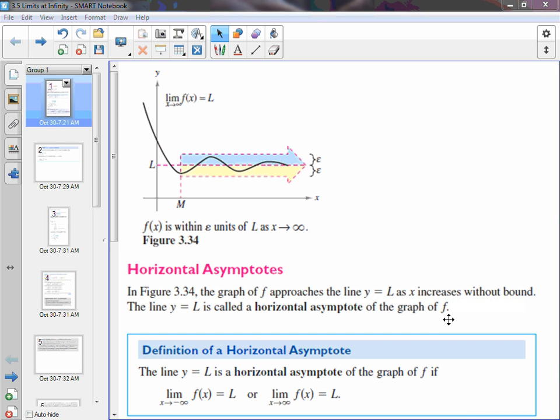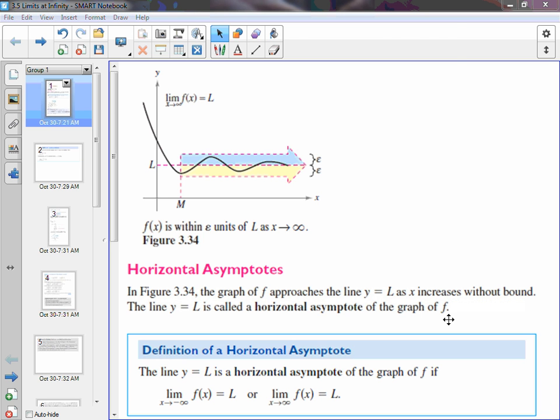We know that the limit of a function as x approaches c is the y value that is approached as x gets closer to c. Okay?